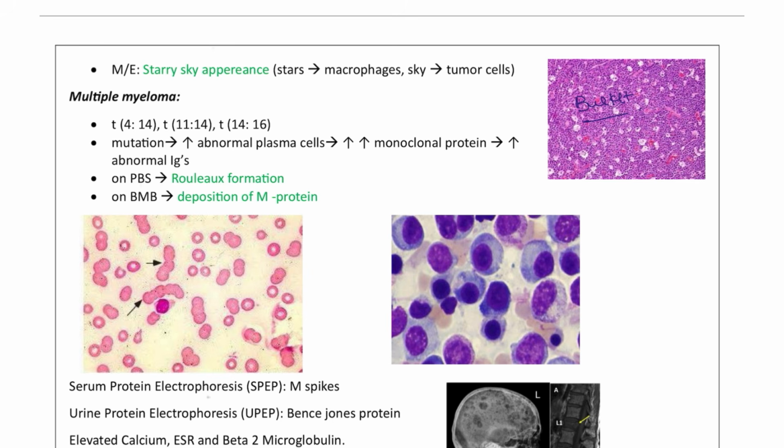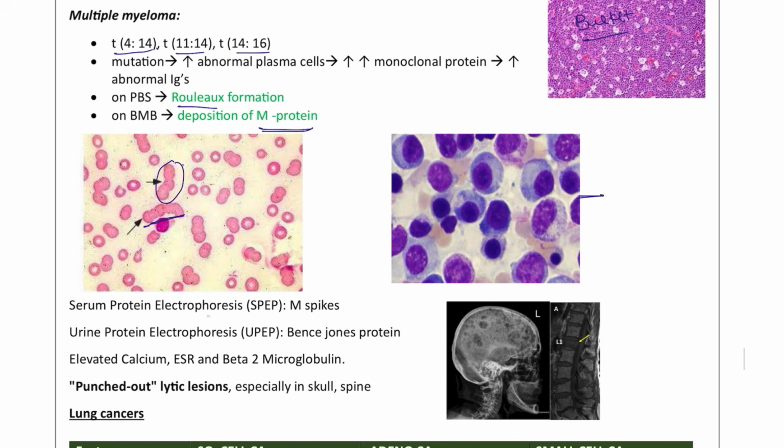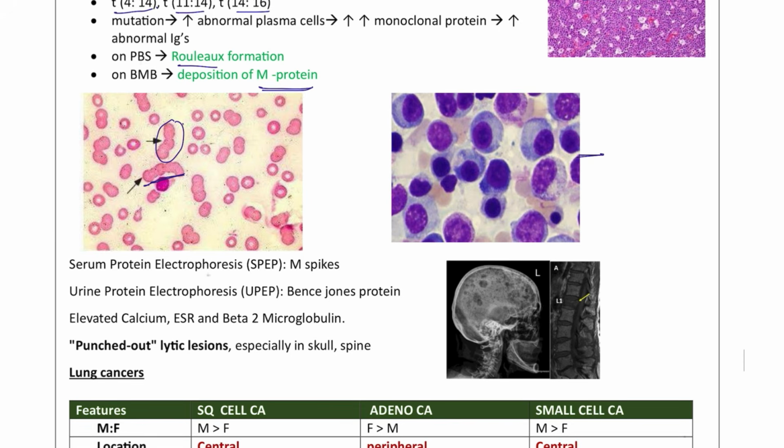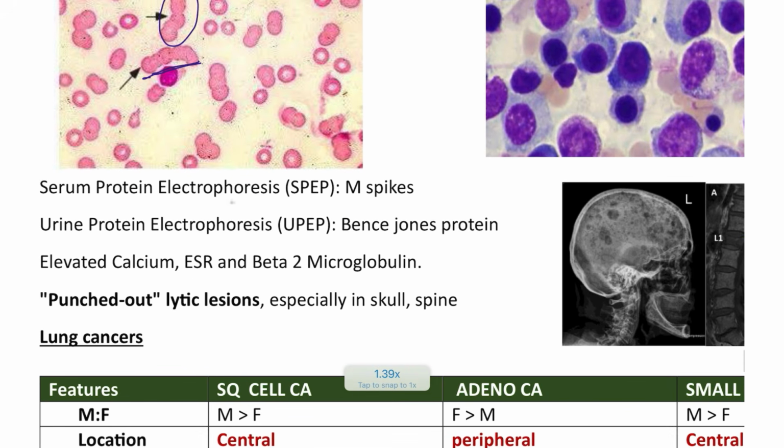Multiple myeloma, important points. For example, 4 and 14 is seen as a translocation in multiple myeloma, 11 and 14, 14 and 16. On the peripheral blood smear, you see this kind of rouleaux formation of the RBCs. On the bone marrow biopsy, you are going to see the M protein elevated, because immunoglobulins are raised.